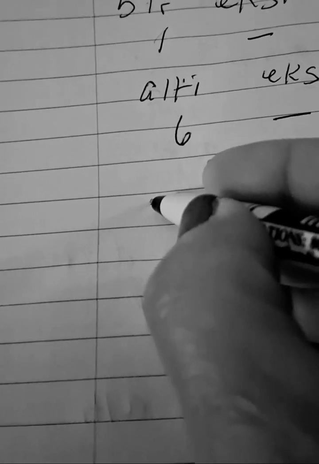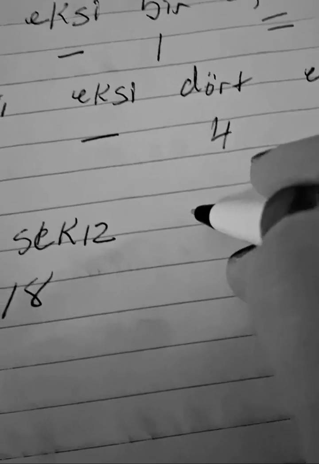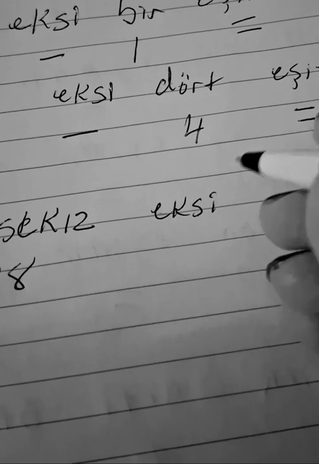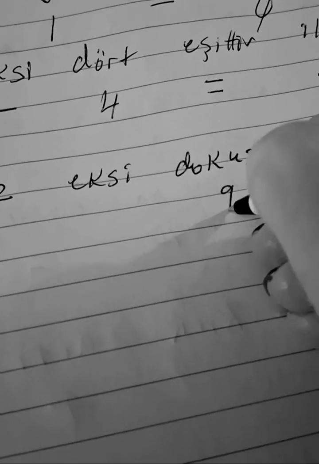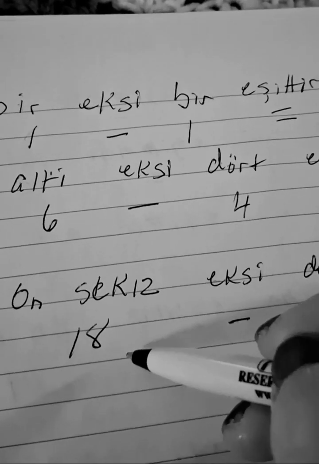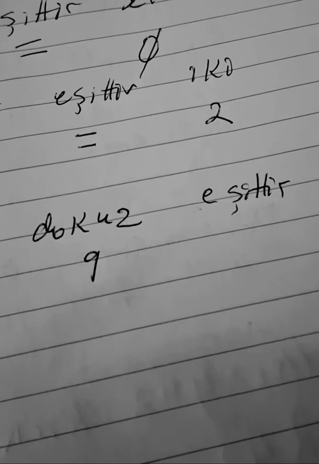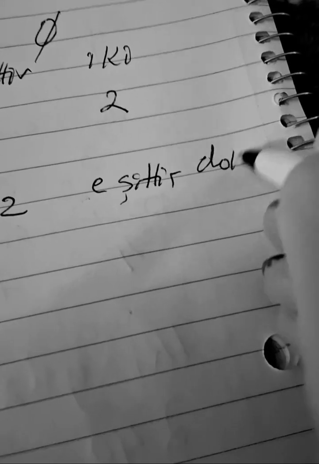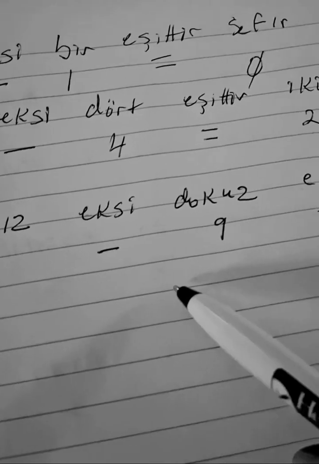Let's go to 18. 18 eksi 9 eşittir 9. So 18 minus 9 equals 9.